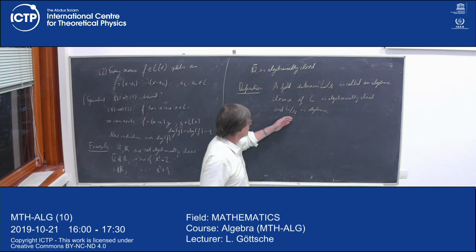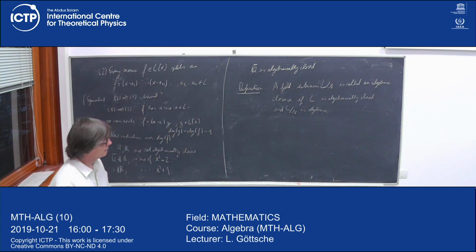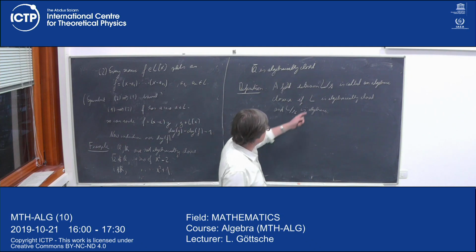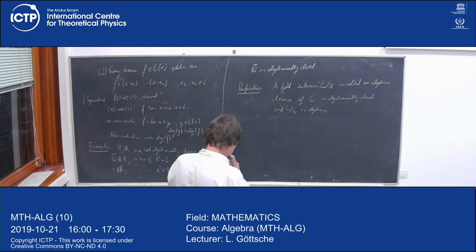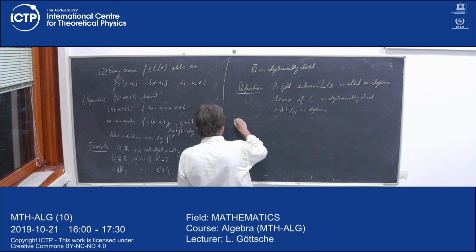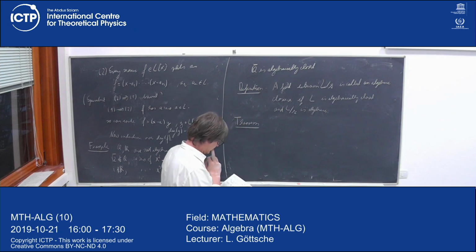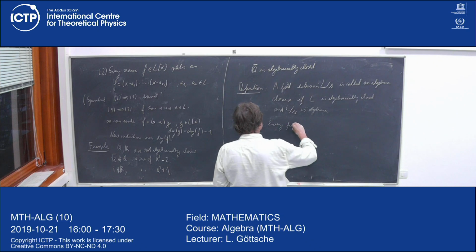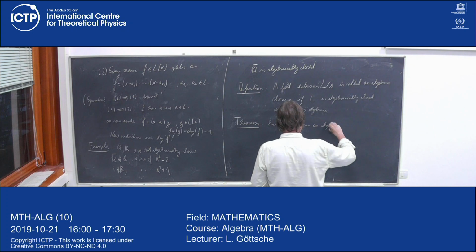So every element in L satisfies an algebraic equation over K, but every element which satisfies a polynomial equation with coefficients in L already lies in L. And so the theorem is that this always exists. Every field has an algebraic closure.